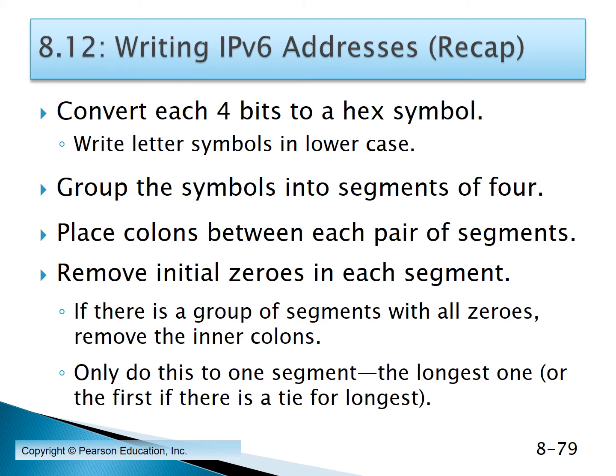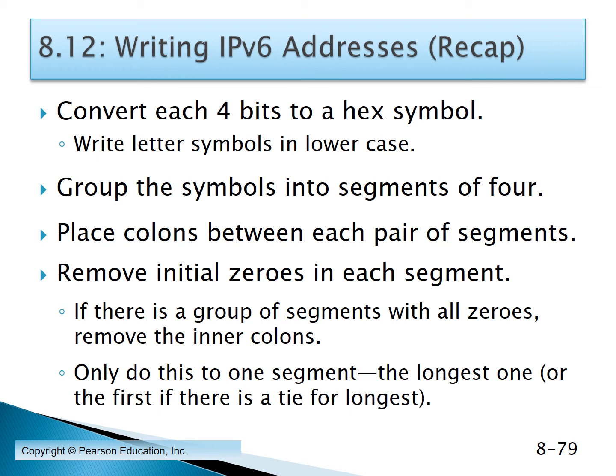Alright, so just a recap of how we write our IP version 6 addresses. We convert each group of 4 bits into a hex symbol, right? We write the letter symbols in lowercase, and then we group the symbols into segments of 4. So that's why we said each segment has 4 symbols, and each symbol has 4 bits.